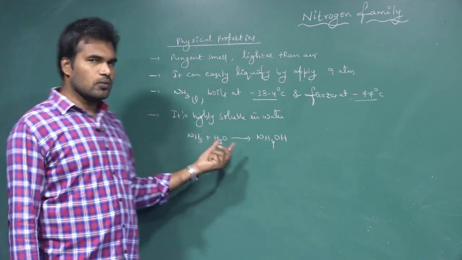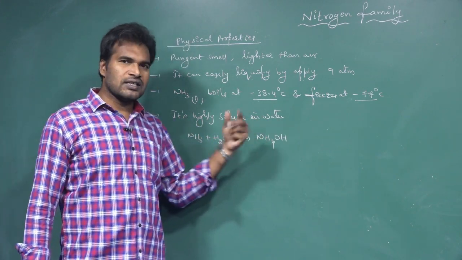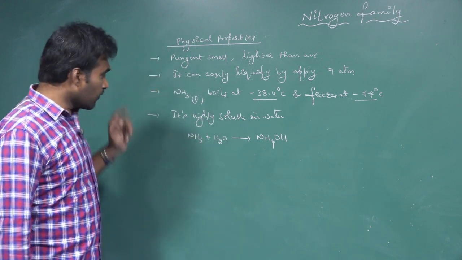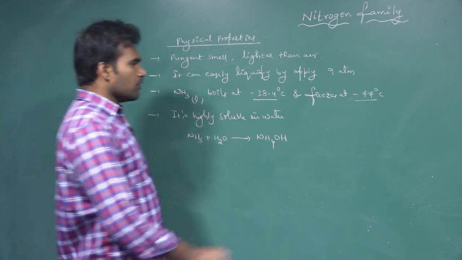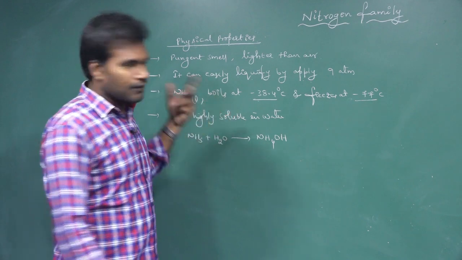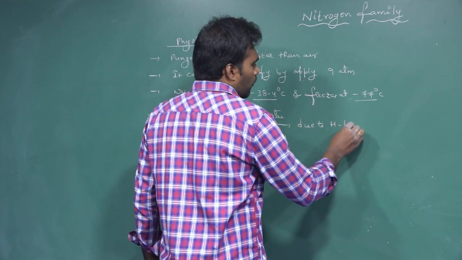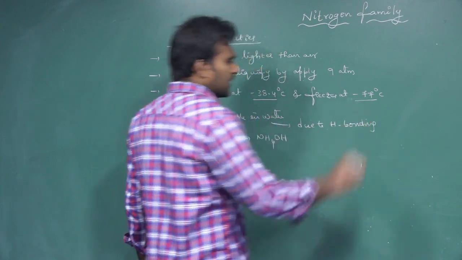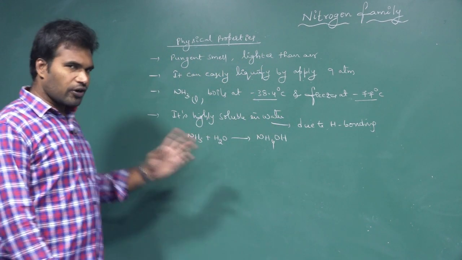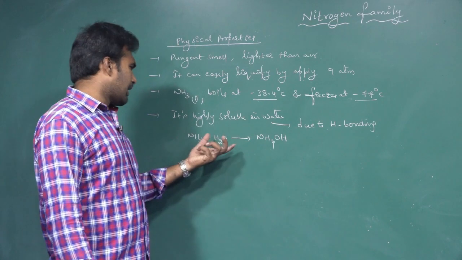It is highly soluble in water because of producing ions in the water. And one more reason, it is highly soluble in water because of hydrogen bonding. Intermolecular H bonding is there between water and ammonia molecules, so they are highly soluble.